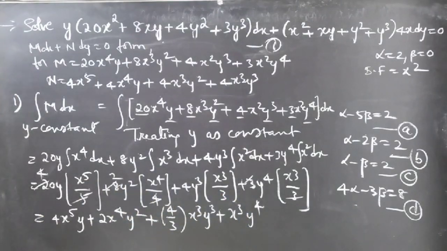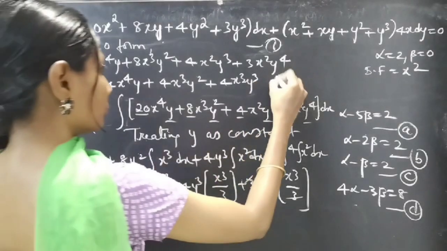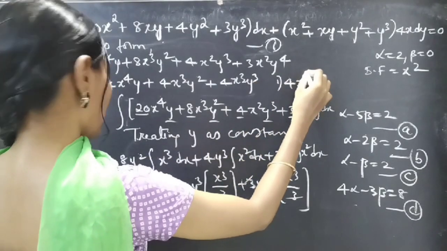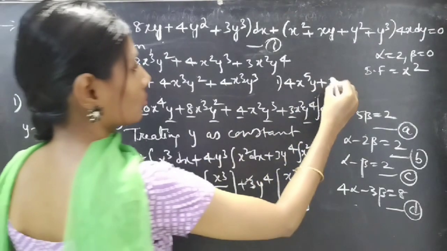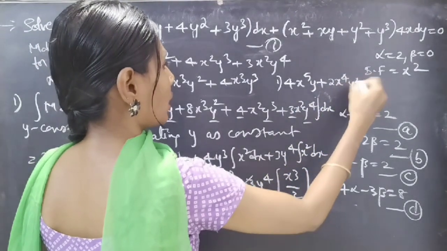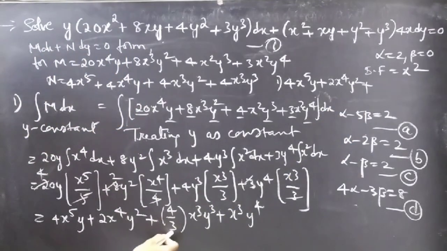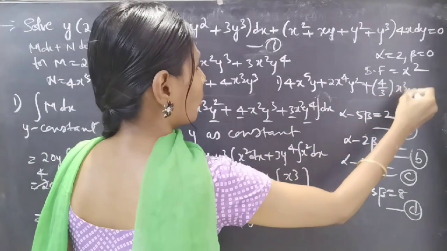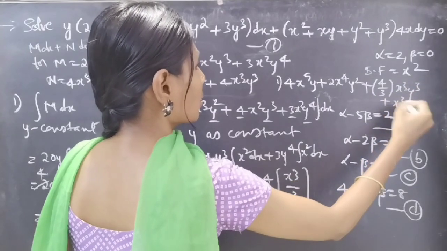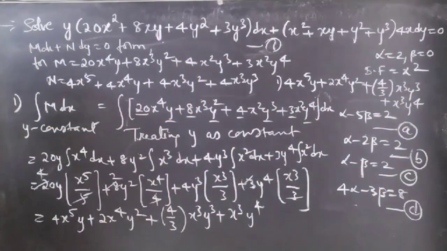Okay, so the result obtained from the first integral is 4x power 5 y plus 2x power 4 y square plus 4 by 3 x cube y cube plus x cube y power 4.